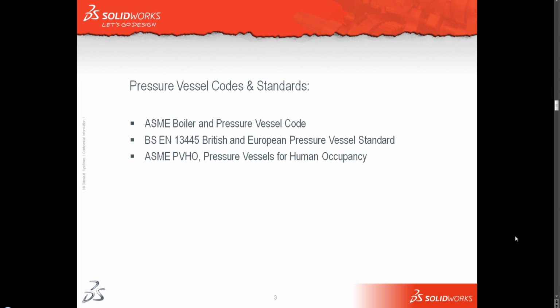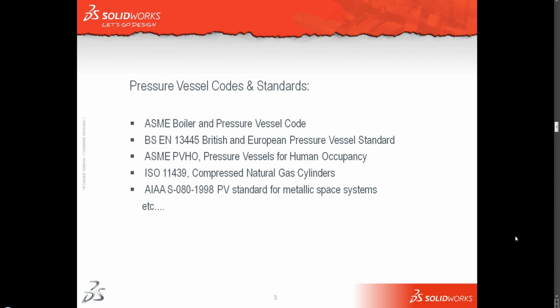Here we've got the ASME pressure vessels for human occupancy standard. This might come into things like decompression chambers. We've also got an ISO standard for compressed natural gas cylinders, and the American Institute of Aeronautics and Astronautics have their own pressure vessel standard for metallic space systems, so pressure vessels that are going up into space.